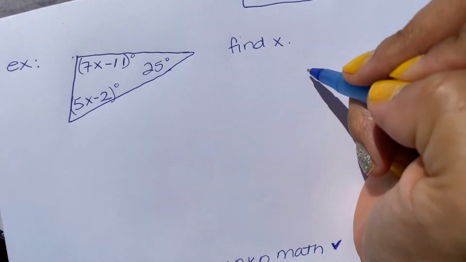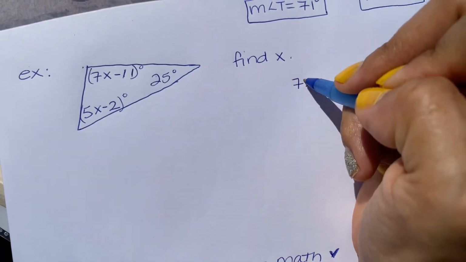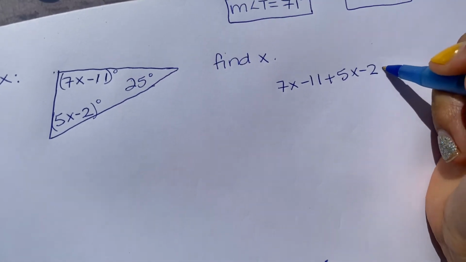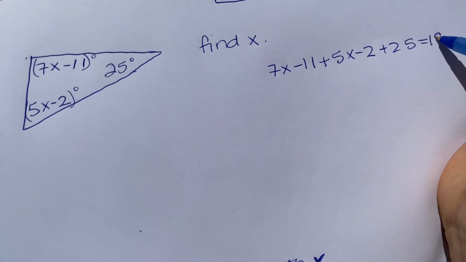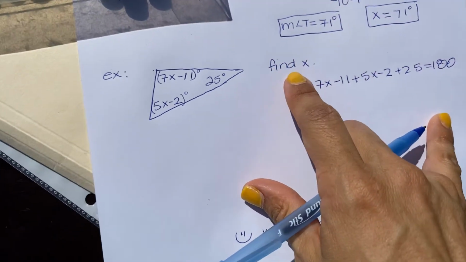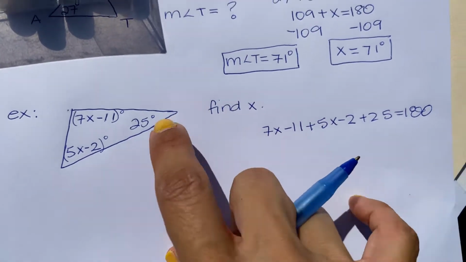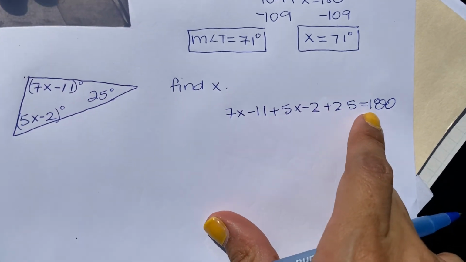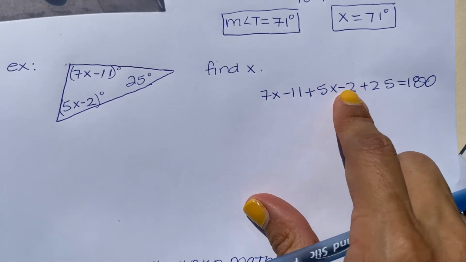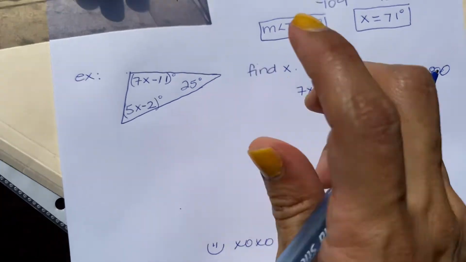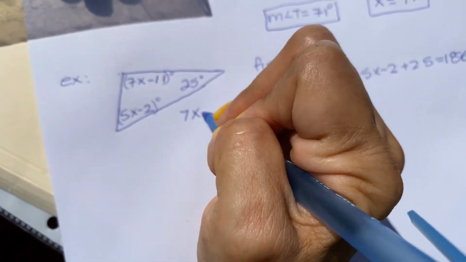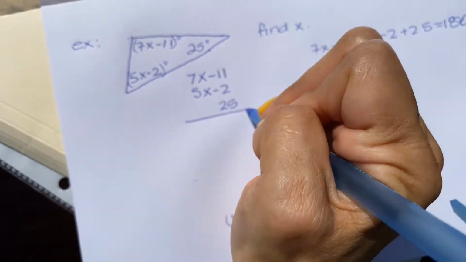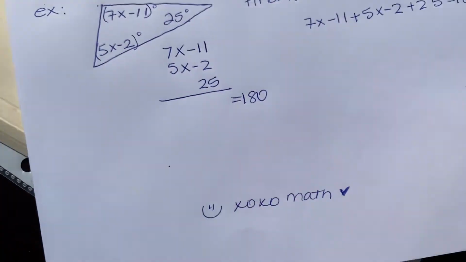Okay, so if I wrote it out horizontally, 7x minus 11 plus 5x minus 2 plus 25 is equal to 180, right? Triangle sum theorem, right, where we need to find x. Triangle sum theorem is the interior of the three angles equals 180. Okay, I'll solve this, but for those of you that want to skip steps and you want to vertically stack, go for it, and then after you would just set it equal to 180.